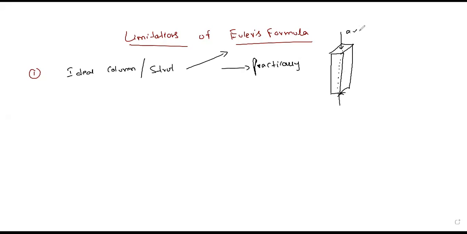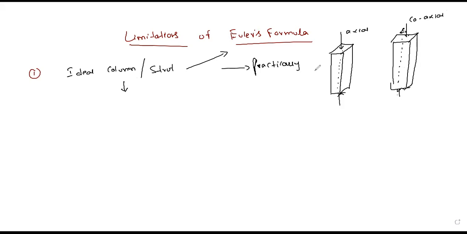So this is not an axial load. Practically speaking, the column will have a load with some eccentricity. So it may be a coaxial load, with more chances of that. That is the reason we consider Euler's formula only for an ideal column or strut, which may not be the case in practice.